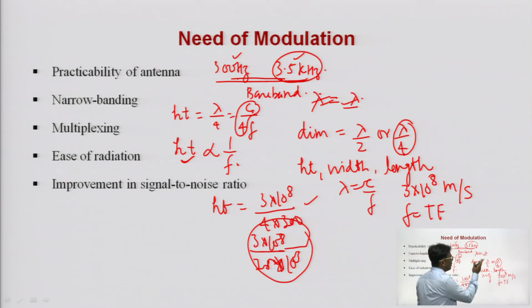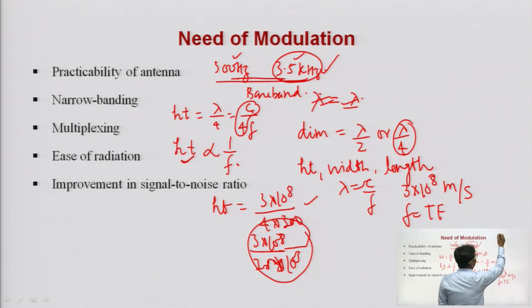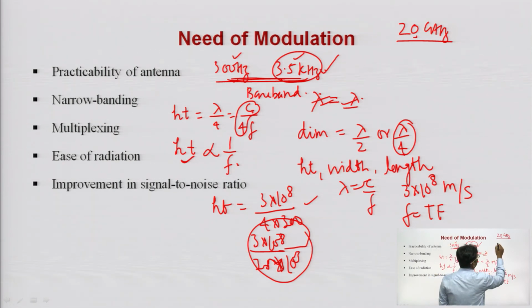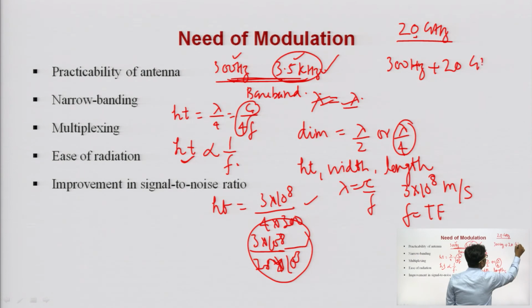Now, if we go for modulation, if we modulate this signal by using a carrier signal, suppose the frequency of the carrier is 20 gigahertz. If all these frequency components are superimposed over this 20 gigahertz carrier frequency, obviously the modulated signal will have the lowest frequency component 300 hertz plus 20 gigahertz.